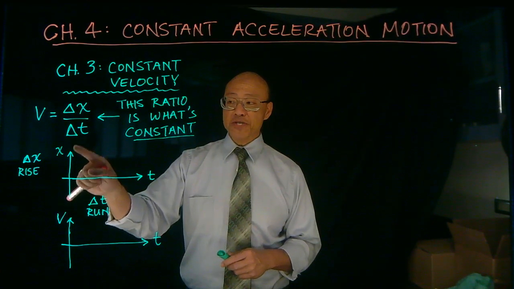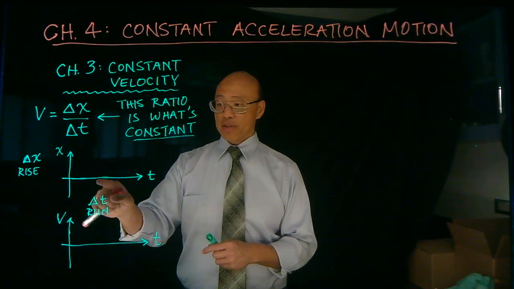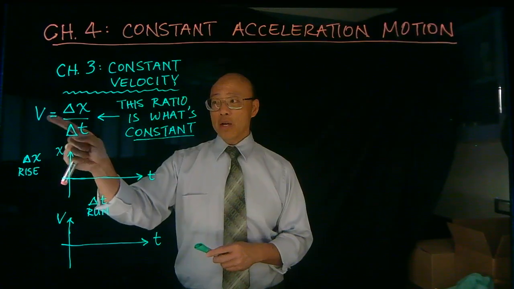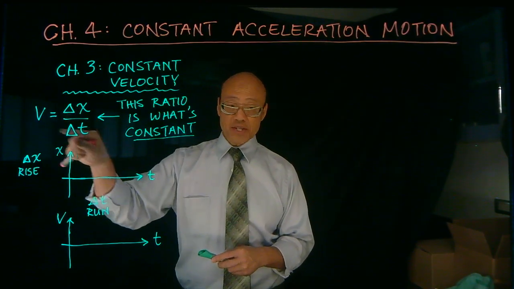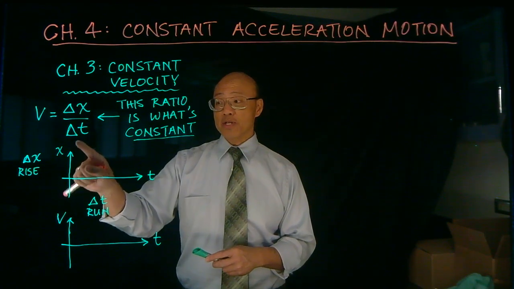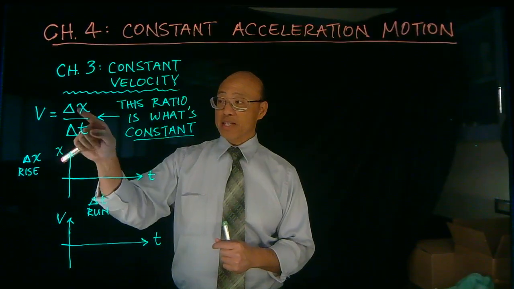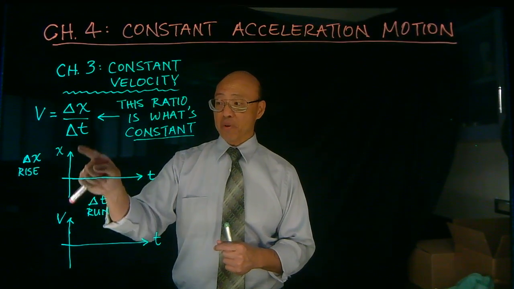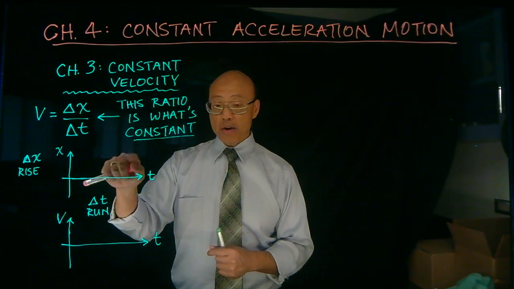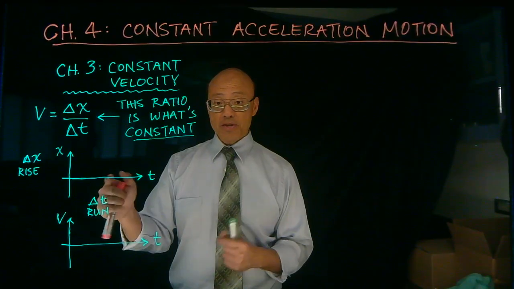If I plot my position on the y-axis and my time on the horizontal axis, this assignment of axes is helpful because now the physics definition corresponds to some graphical characteristics. What is that? Well, the delta x is a change in x, but if x is on this axis, then the delta x on the graph actually is the rise, and the delta t is the run.